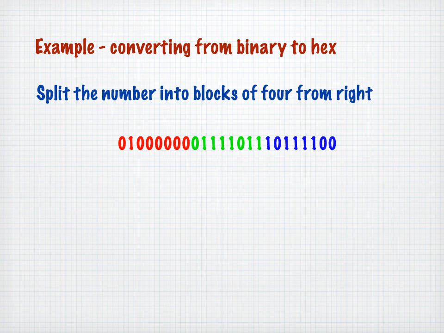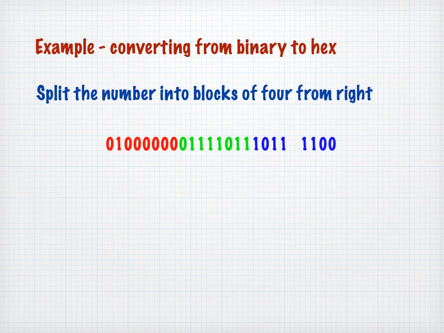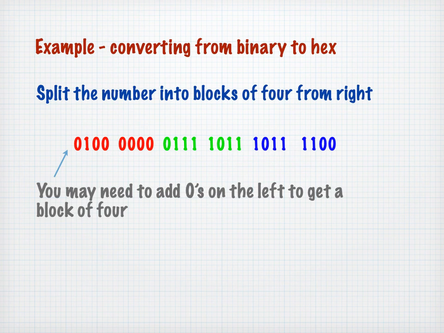All you do is you take the binary pattern and divide it into blocks of 4 from the right. So here you can see it's exactly the same number. All I'm doing is just gathering them up into groups of 4. Now, if the number on the far left doesn't actually have 4 digits, then just add some extra zeros on the front.